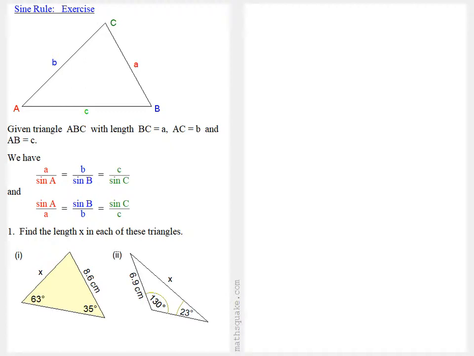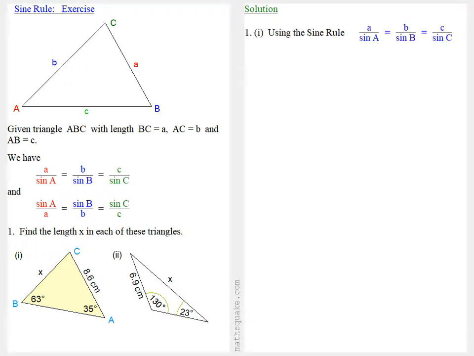Now in question 1, part 1, we've got a triangle with one side 8.6 centimetres and two angles 63 degrees and 35 degrees, and we have to find the side x. Now the first thing to do is to label the diagram.